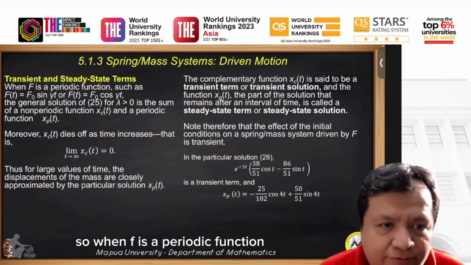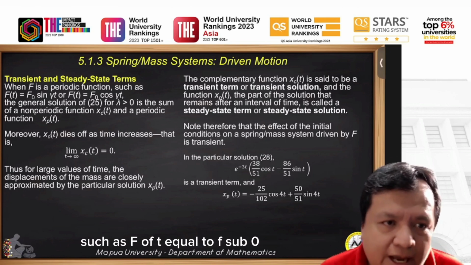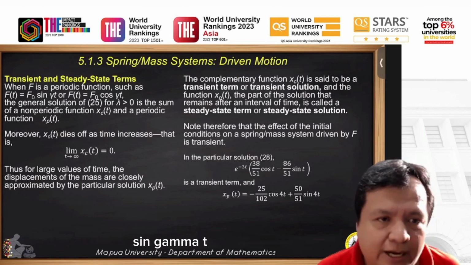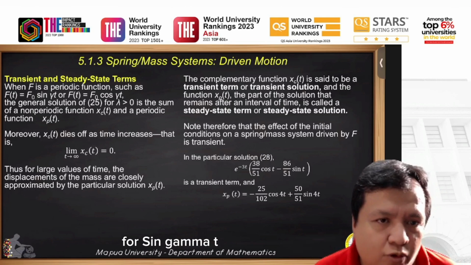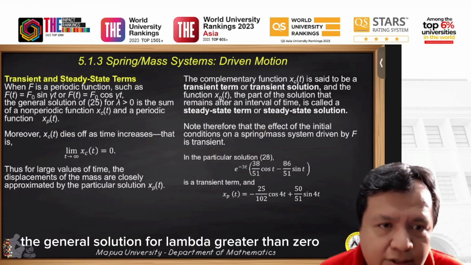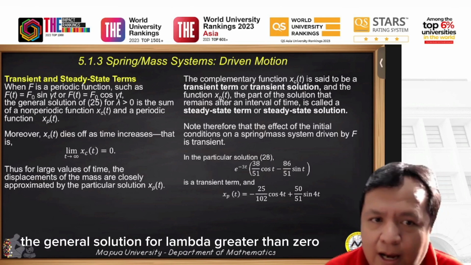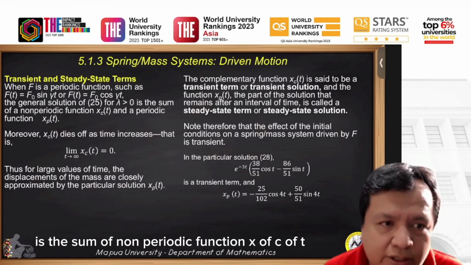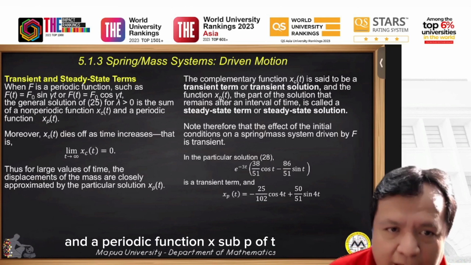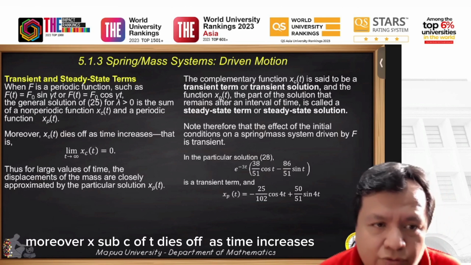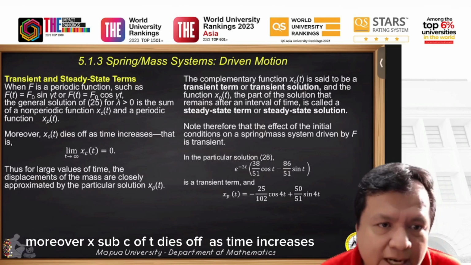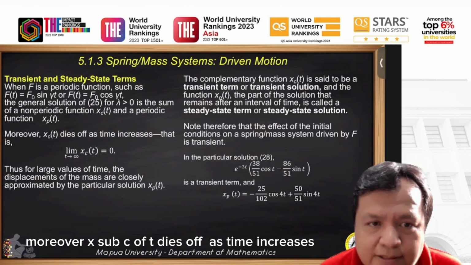When f is a periodic function such as f of t equal to f sub 0 sine gamma t, or f of t equal to f0 cosine gamma t, the general solution for lambda greater than 0 is the sum of a non-periodic function x sub c of t and a periodic function x sub p of t. Moreover, x sub c of t dies off as time increases.